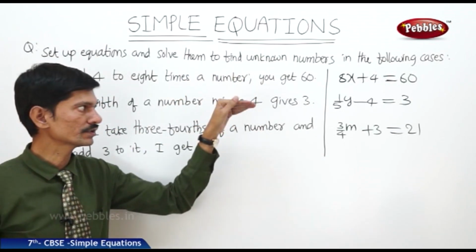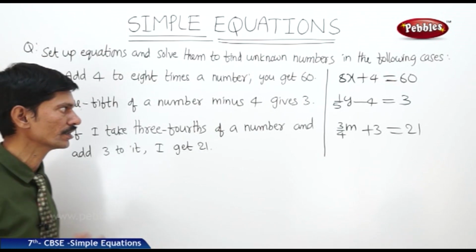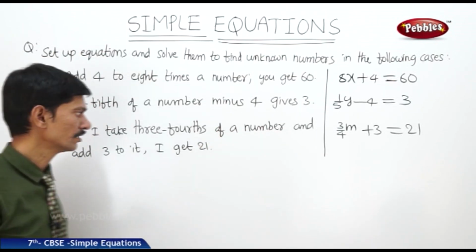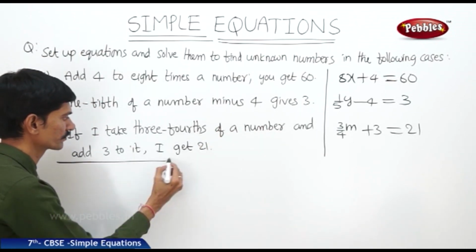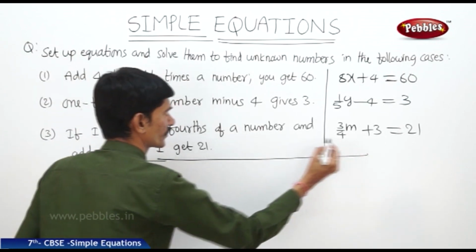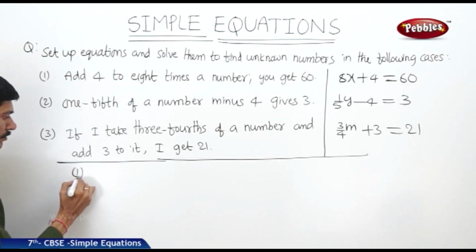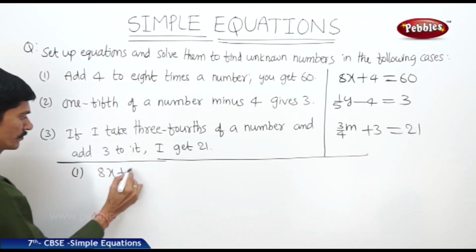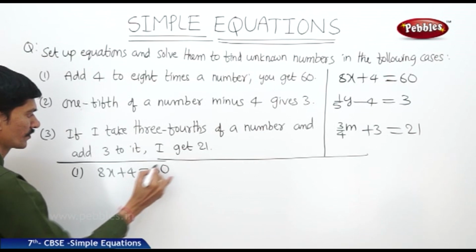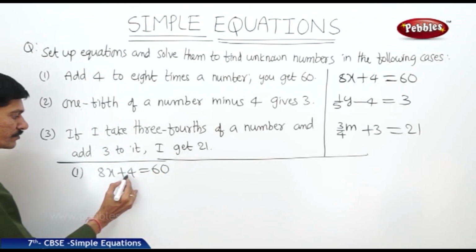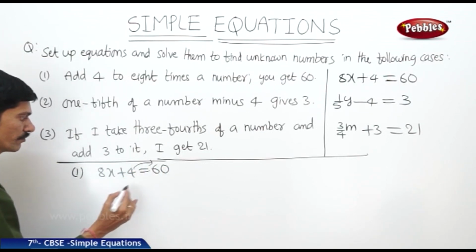Now let us solve each equation and find the value of the variable present in the equation. Now let us take the first equation, 8x plus 4 equals 60. When you transpose plus 4 to the RHS, it becomes minus 4.